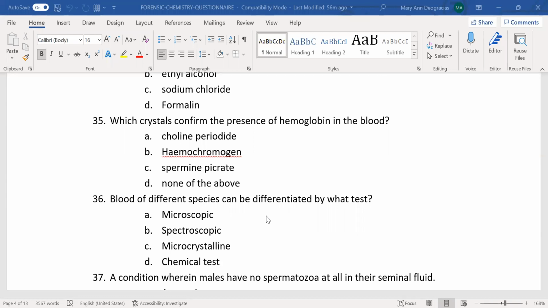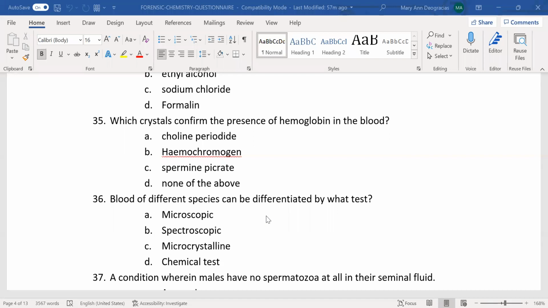36. Blood of different species can be differentiated by what test? A, microscopic, B, spectroscopic, C, microcrystalline, D, chemical test. Okay, letter A, microscopic. Microscopic can determine whether it is avian, mammalian, or reptilian blood, or blood from lochial or nasal passages, or menstrual blood.